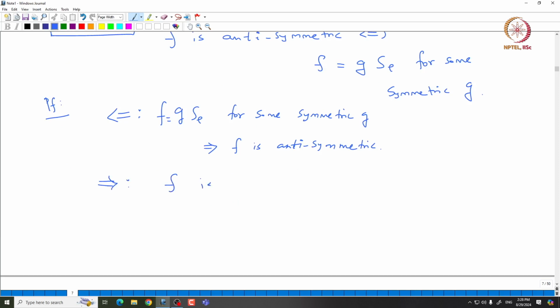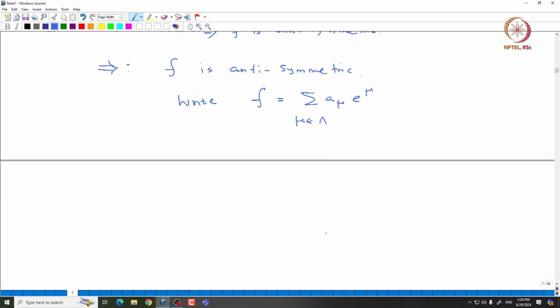So, what about the converse? Let us start with f being anti-symmetric. Write f in terms of the basis elements, f equal to summation a mu e power mu, where mu comes from lambda. Then it is clear that sigma of f is nothing but sign sigma times f.